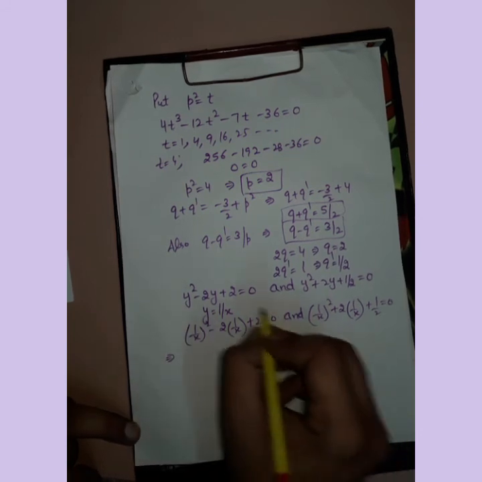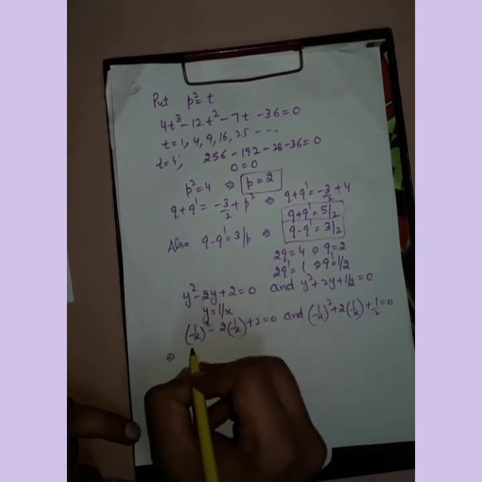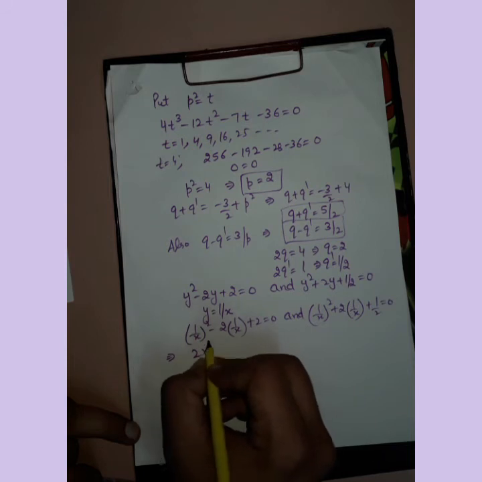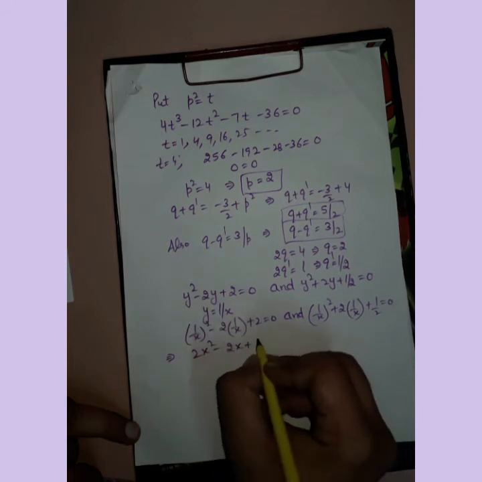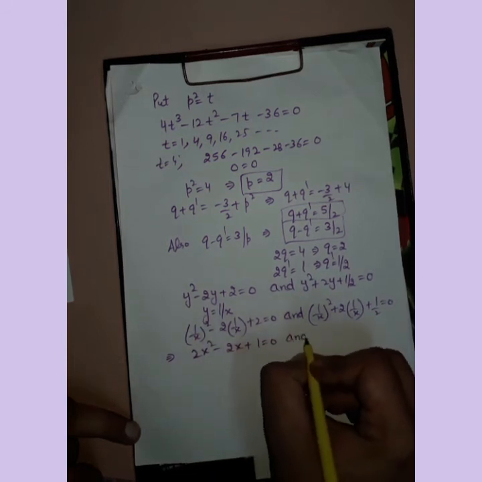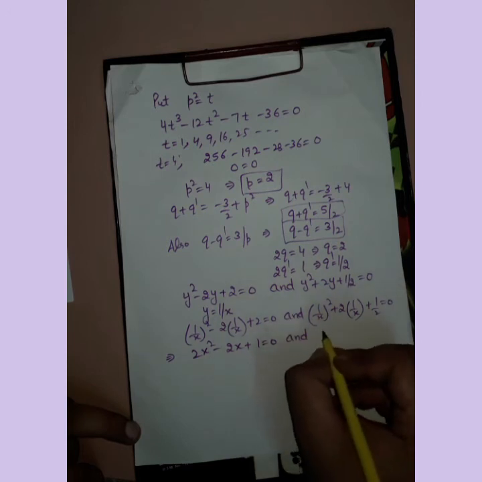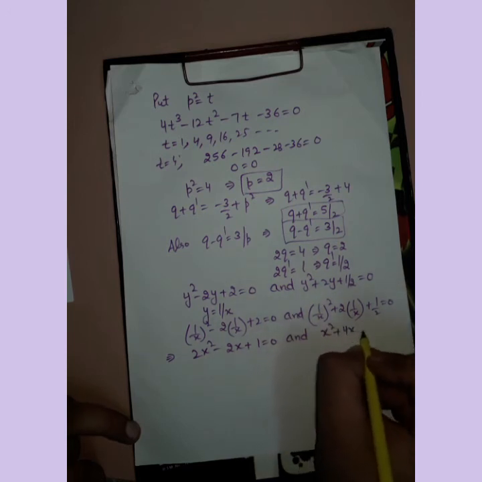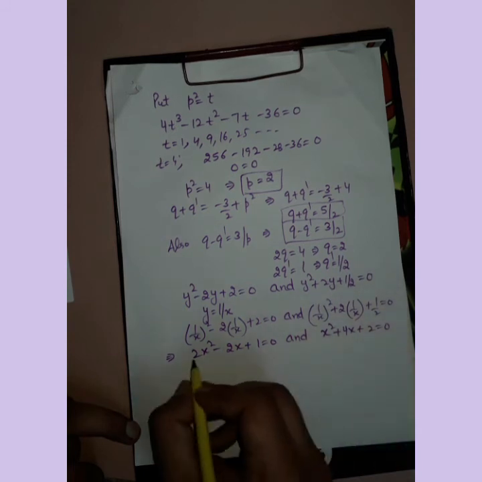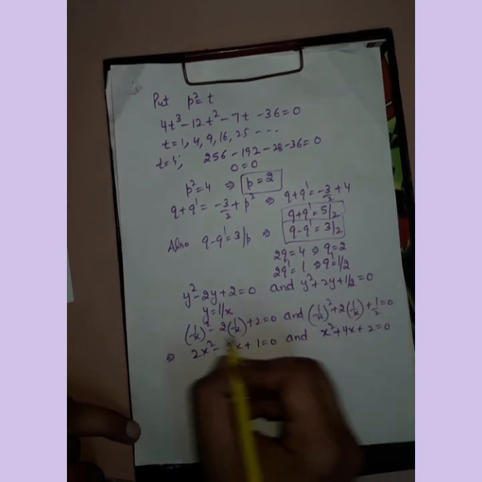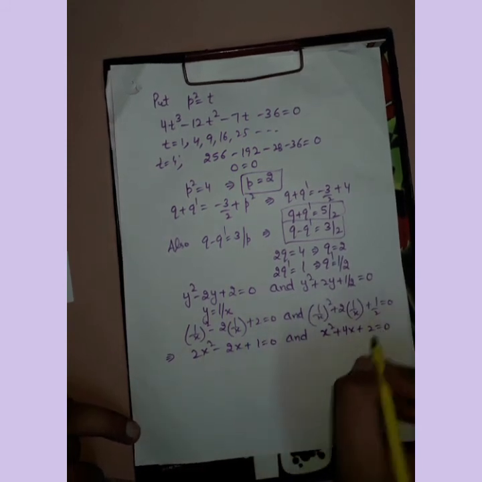This implies the equations become 2x square minus 2x plus 1 is equal to 0 and x square plus 4x plus 2 is equal to 0. We can find two roots from here and two roots from here.